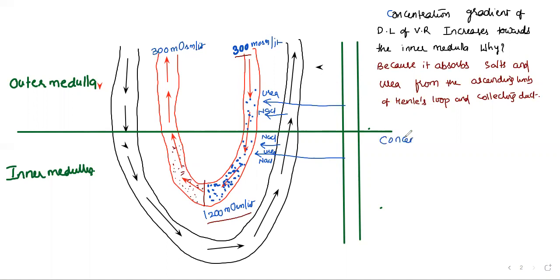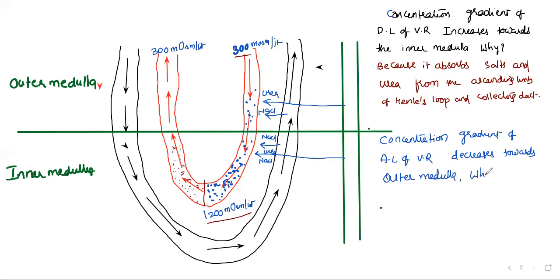Now I am writing: concentration gradient of the ascending limb of vasa recta decreases towards the outer medulla. Yes, am I wrong? Yes, very good.